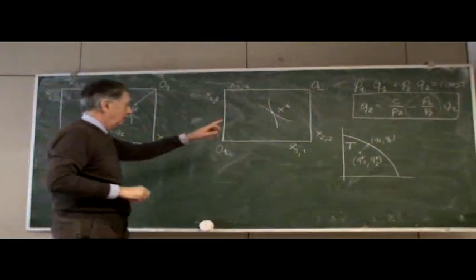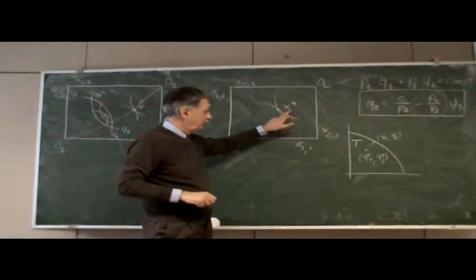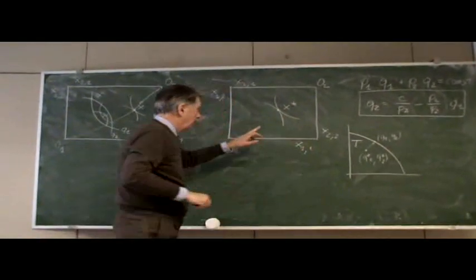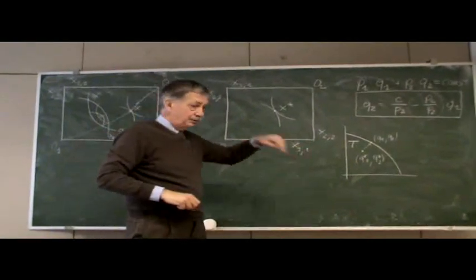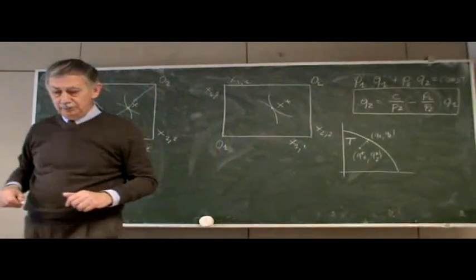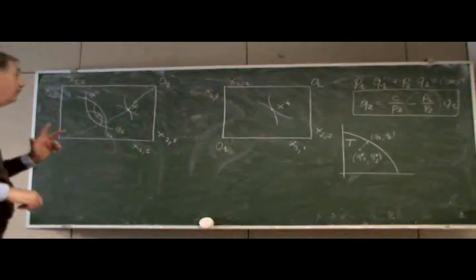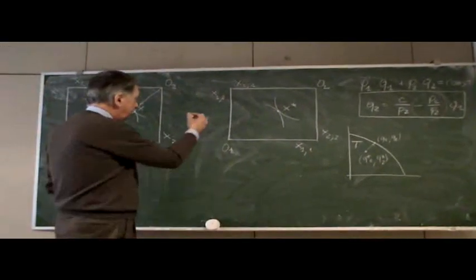This is the factor allocation which determines the quantities Q star 1 and Q star 2 which are produced in equilibrium. And it is a Pareto optimum.